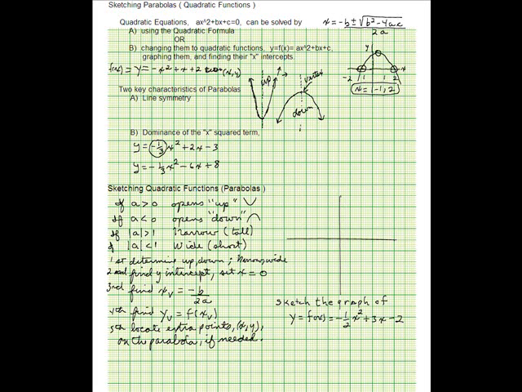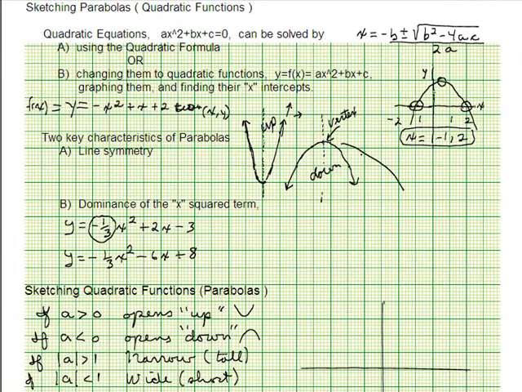The next thing we're going to do is locate that all-important point called the vertex, the point where our symmetry line meets our parabola. We'll start off looking for the x of the vertex. I always designate a vertex this way.